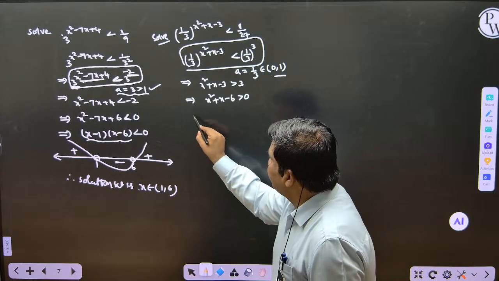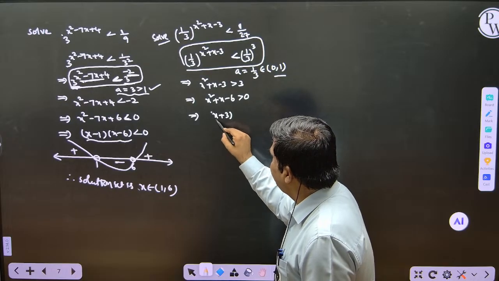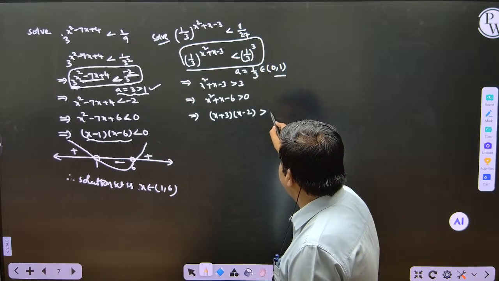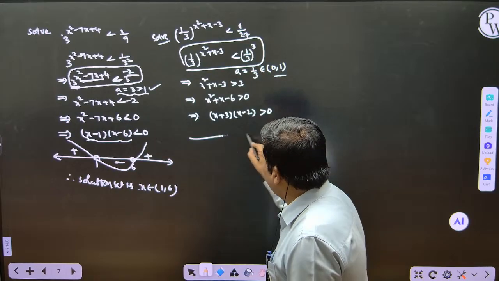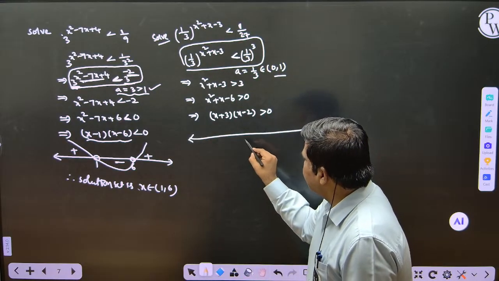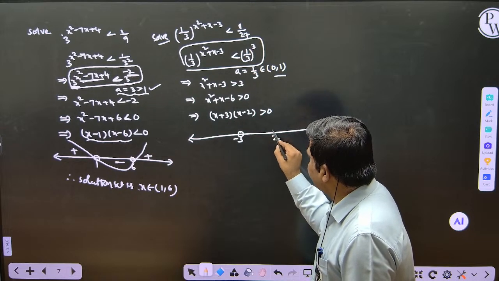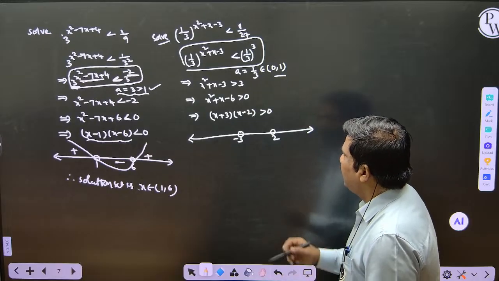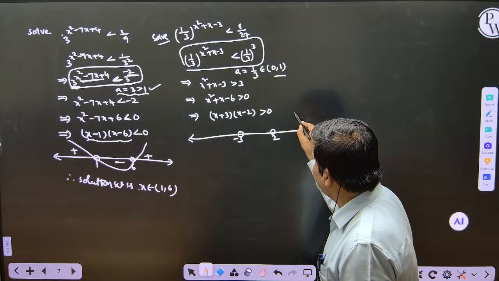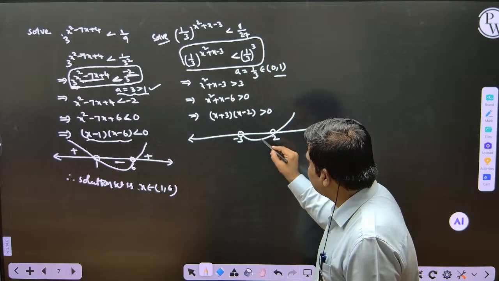Now you should resolve this into factors: x plus 3 into x minus 2 greater than 0. Apply the wavy curve method. Find the zeros: minus 3, 2. Both are excluded here. Why? Equality is not there. Start the wave from the right-hand side of the largest value. Since both the powers are odd, it crosses.